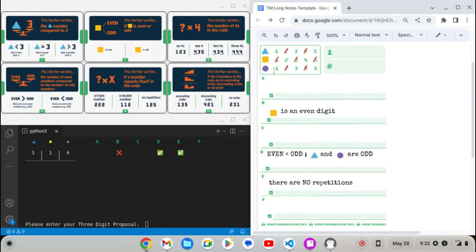So how could I construct my proposal so that circle is somehow forced into something else? So it could be that it's descending, and it could be 3, 2, 1. That's a possibility. Or even 1, 2, 3 for ascending. But similarly, 3, 4, 5 would work, and 5, 4, 3. So even if you had, say, ascending or descending, I guess the square could sort of dictate which descending it would be, or which ascending it would be. So that's a possibility.